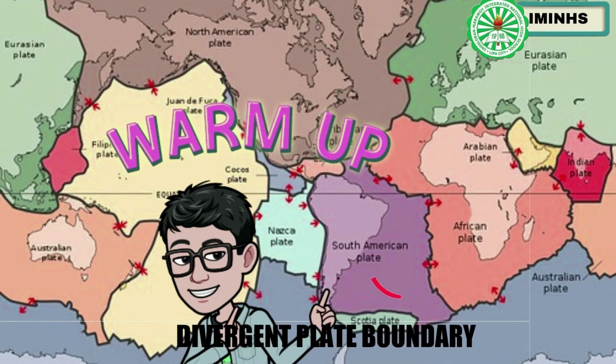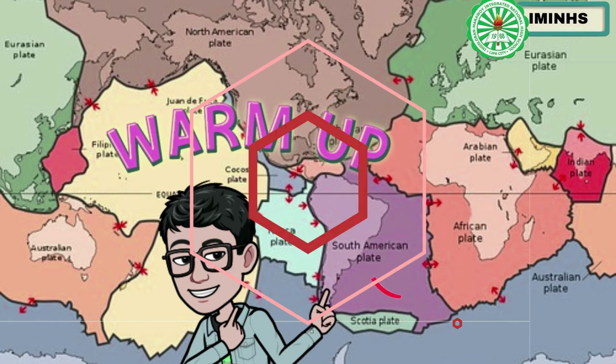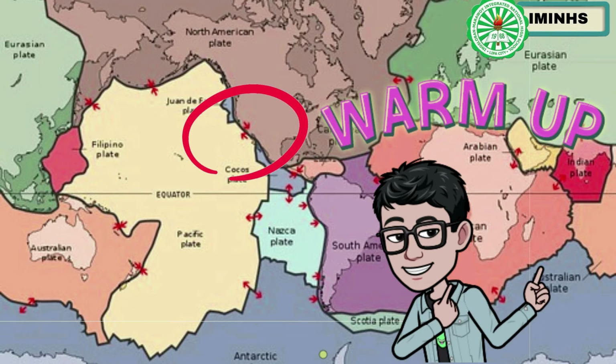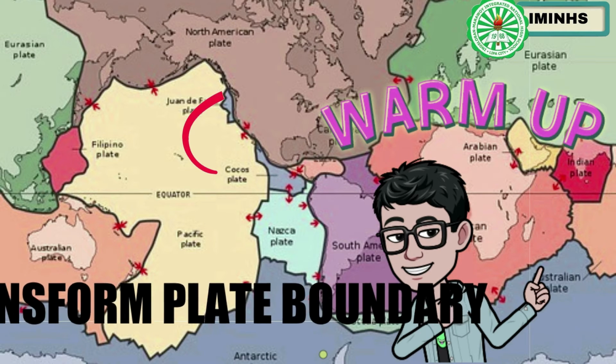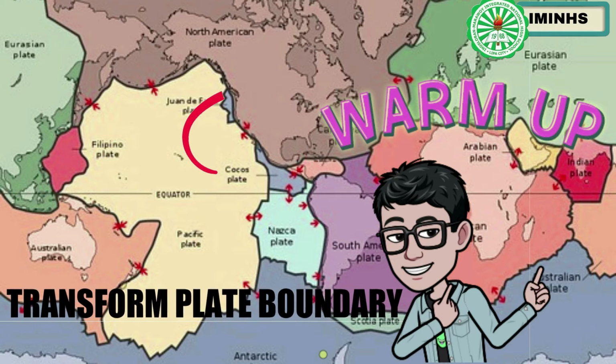Let's have another one. Can you guess which type of plate boundary occurring between North American plate and Pacific plate? That is correct. It's transform fault plate boundary.